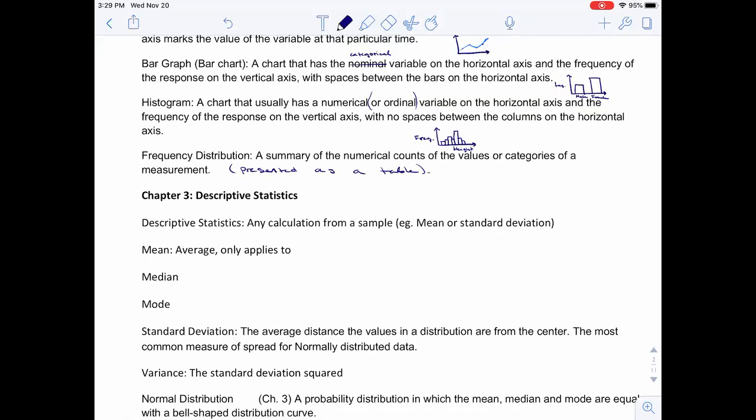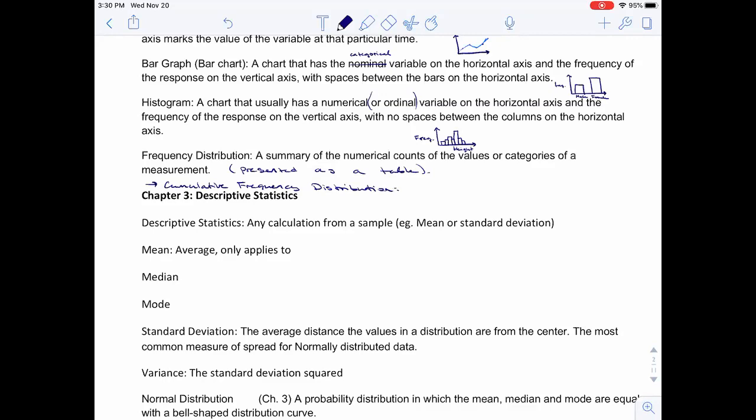Speaking of our grades and things, that's where we add up the frequencies from the previous rows until we've reached our whole sample size.